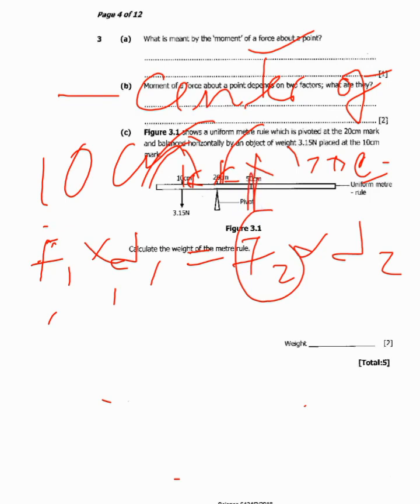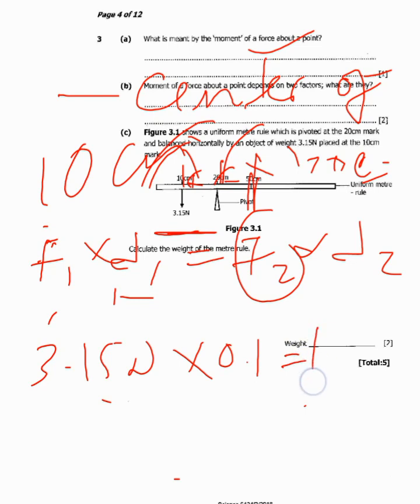F1 is the force that we have, which is 3.15 newtons, times the distance D1, which is the 0.1 that we've changed. This should be equal to F2, the weight that we want, times the distance we've calculated, which is 0.3, the 30 that we've changed into meters.